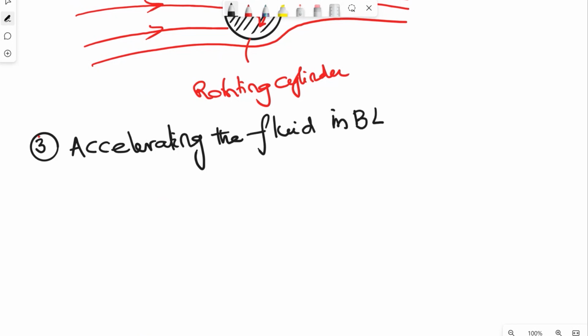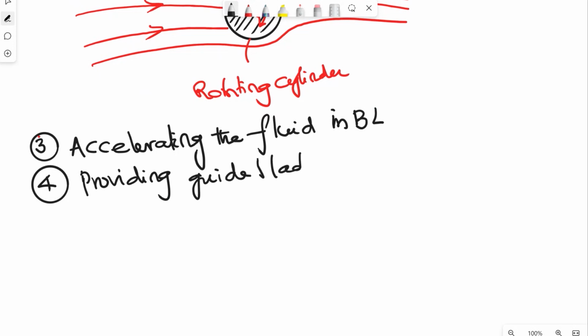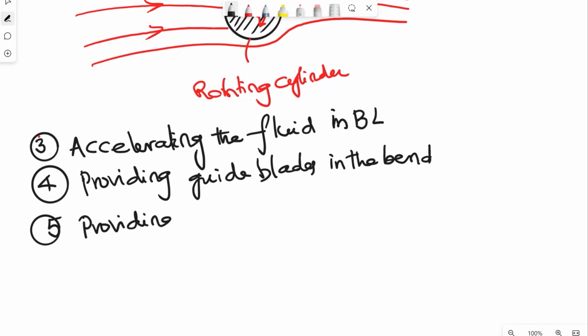The fourth one is providing guide blades in the bend. The fifth point is providing a bypass in a slotted wing.